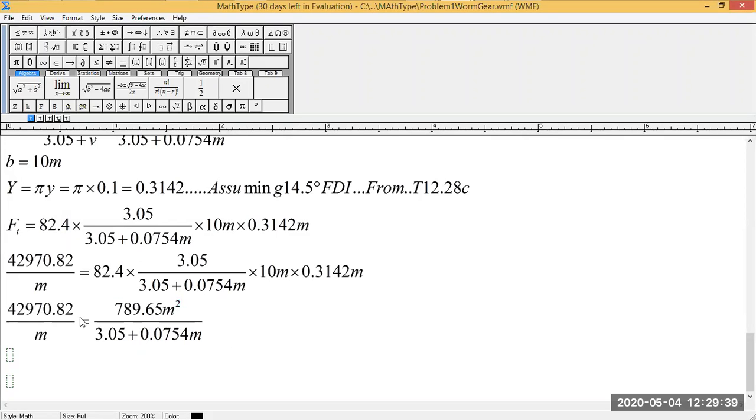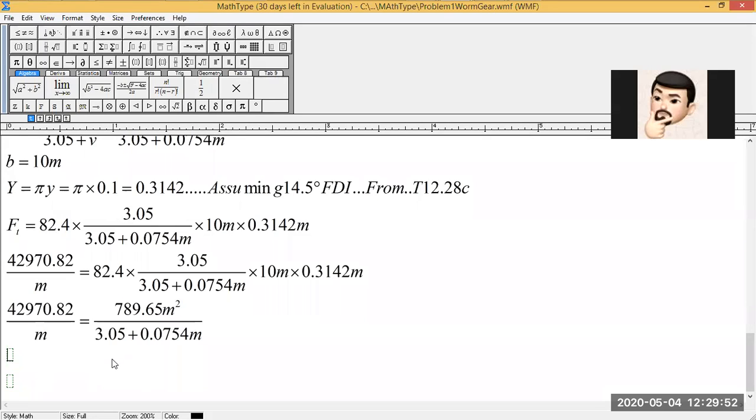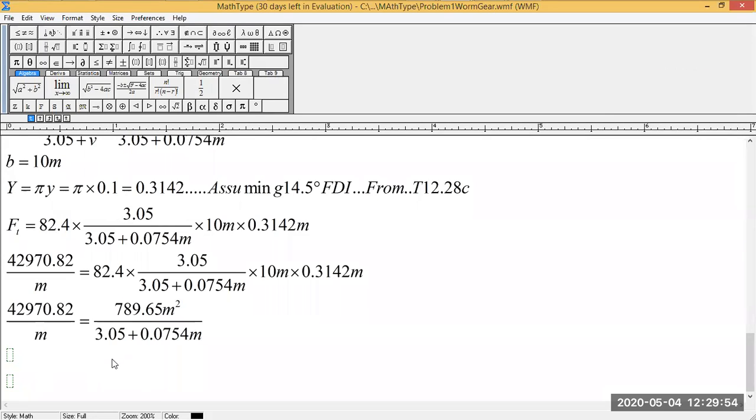Okay, let's simplify. Multiply on either side by 5 because there is cross multiplication. This is 42970.82 times 3.05, which will be 131.06061 m, no, not m, plus again that into 0.0754.